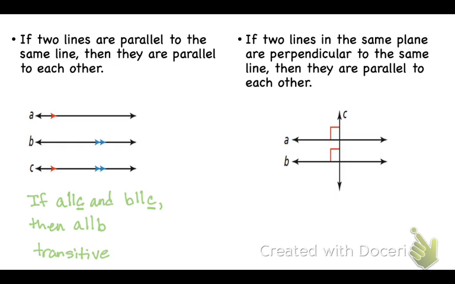Okay, the next one says, am I going too fast? If two lines in the same plane are perpendicular to the same line, then they are parallel. A and B are both perpendicular to C, correct? How do I know they're perpendicular?